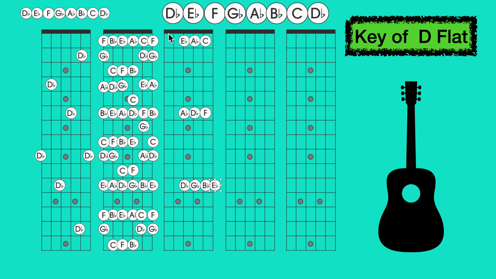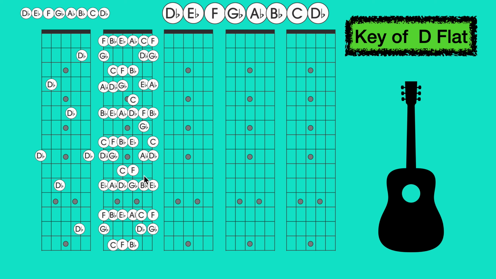And similarly, if we cut off everything besides these 3 strings, these are the 3 minor chords: the F minor, the B flat minor, and the E flat minor. So I've broken this down in some of the other videos as to what you can do on the bass end, what you can do on the high end.